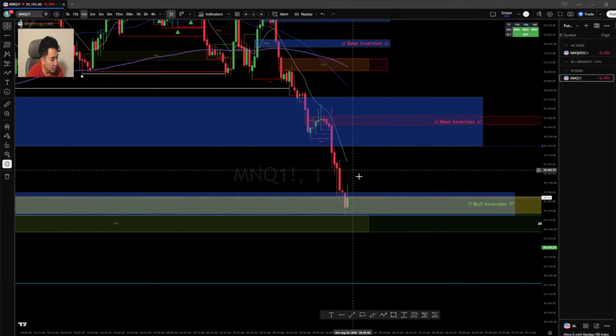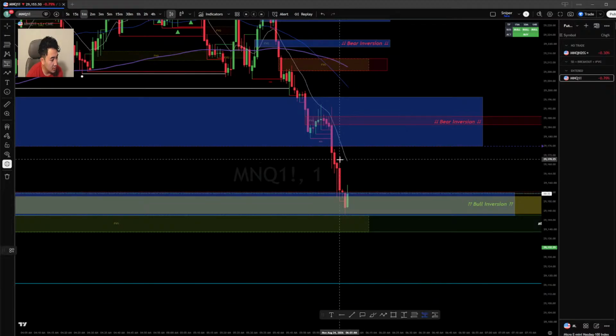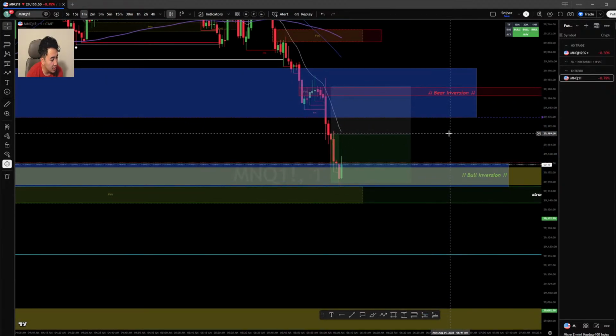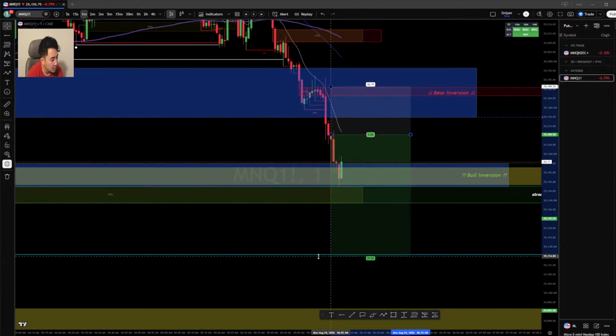If we're entering below the 13 EMA, the setup would look something like this. Target down here.